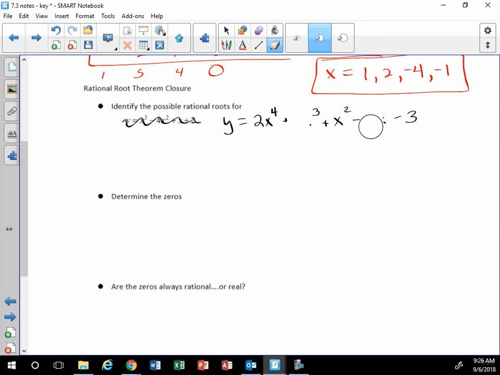We get some 7s instead of 5s. Sorry, just got to make sure it actually works for you. Plus 7x cubed and then minus 7x, okay? We should be good. Ready to go. P over Q list. You can do this now. You'll have to do your synthetic division twice.